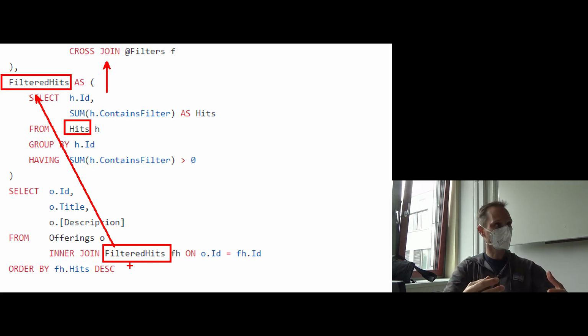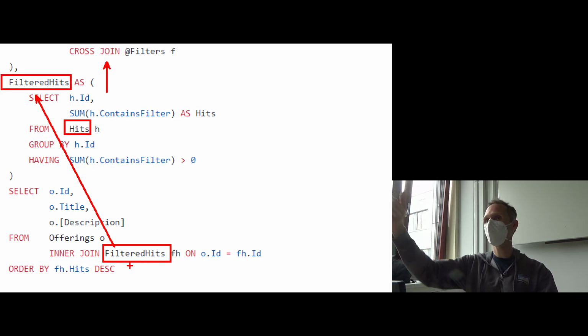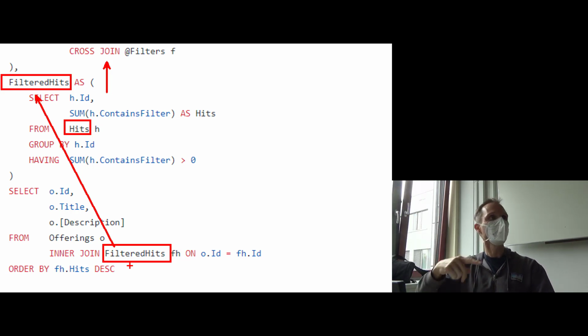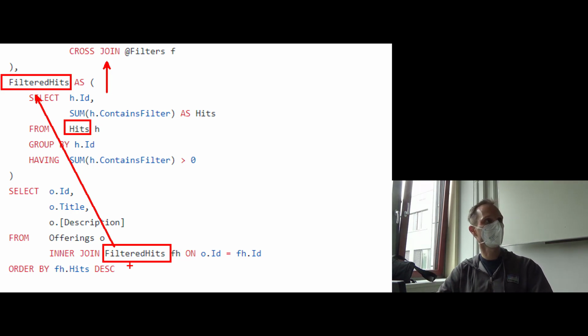Or if you have products which are a part of another product, which are a part of another product, you can use a with clause to query such product hierarchies or employee hierarchies. An employee is a manager of an employee is a manager of an employee, and you want to find out all the employees which are directly or indirectly subordinates of a given manager. You can do that with a single SQL query using the with clause.